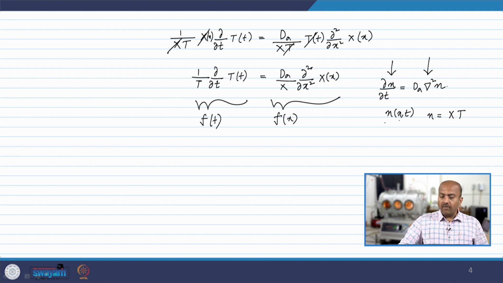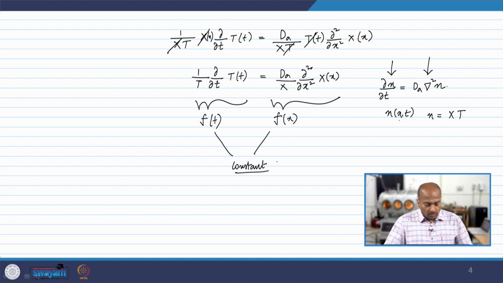So, for having a consistent or a non-trivial solution, for the equality to be valid, we can only expect that both of these terms are equal to something, and it is convenient to establish this something as a constant. So, both of these sides individually must be equal to a constant, only then. It is quite trivial.